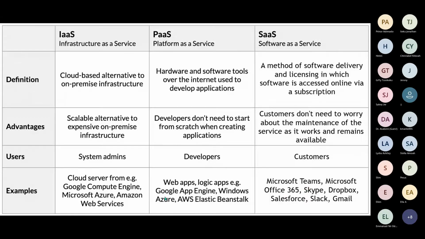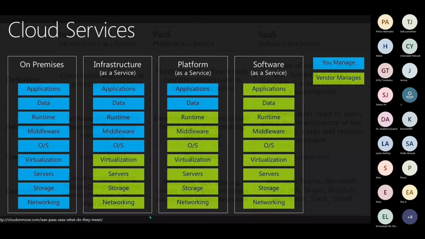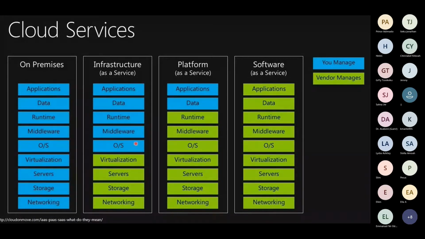So let's take a look at a table in terms of resource management, who manages what, and we'll compare this to the on-premise infrastructure, which is the physical or traditional computing service that we have in our homes, right?